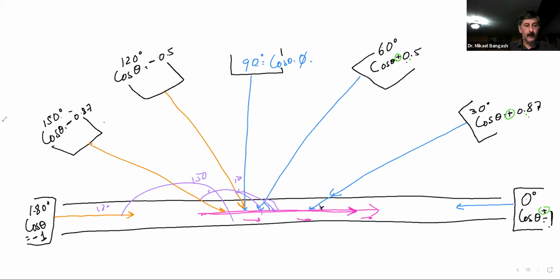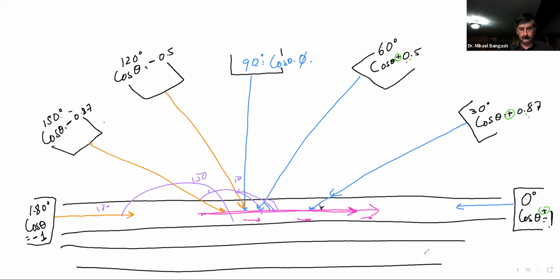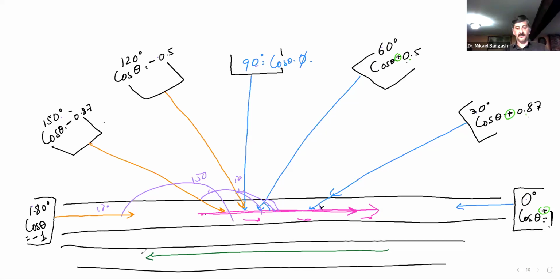Now, had the transducer been in the same location as we had here, but the blood had been flowing in this direction, as if you had been scanning from here, this would have been a 180-degree angle with a cosine theta value of -1.